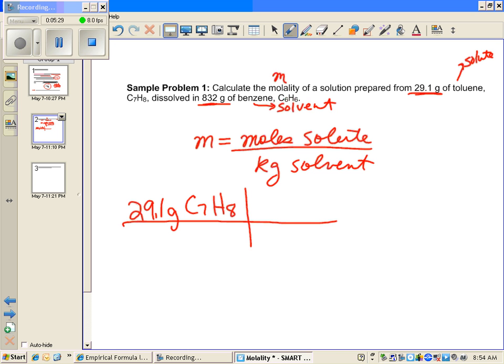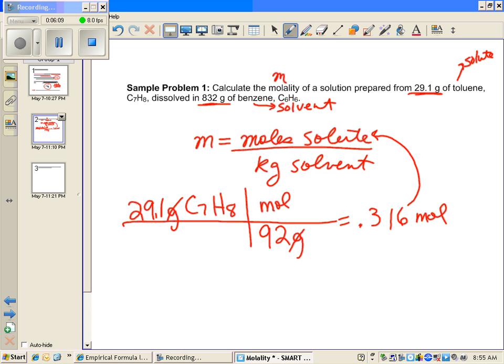The molar mass of toluene is 92 grams per mole. So I have 92 grams of toluene per mole of toluene. I divide 29.1 by 92 and get 0.316 moles of toluene. Notice that grams cancel out. Everybody understand that part? Okay, good job. Now I have the number to go right here. Everybody agree? Because toluene was my solute, I now have the moles that go in the top of that problem.